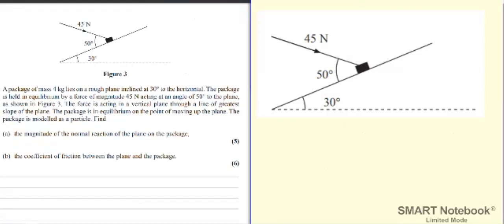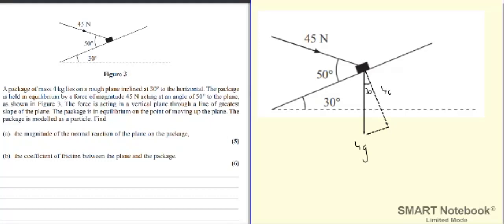What do we have? Package of mass 4 kg. So straight away, I'm going to have my gravitational pull of 4g. I'm going to split that into perpendicular to the plane and parallel to the plane. And this angle here is also 30.